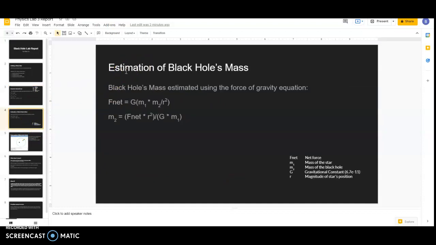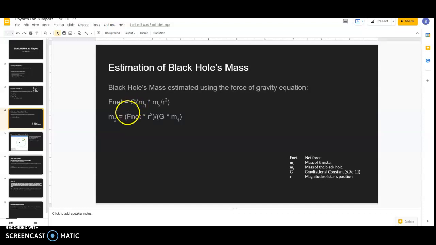The black hole's mass was estimated using the force of gravity equation, in which the net force equaled the gravitational constant G times the masses of two objects, in this case m1, which is the mass of the star, times m2, the mass of the black hole, and then dividing that by r, which in this case is the magnitude of the star's position squared.